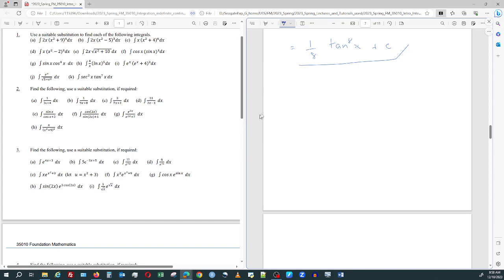Alright, question 2. We've been doing u substitutions. A variation of the u substitution is to recognise that in our integration we have the form of an equation. If the integral of the derivative sits over the function, we can just substitute the ln of the function plus c.